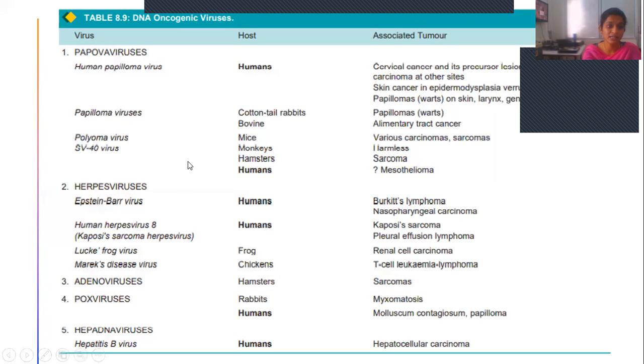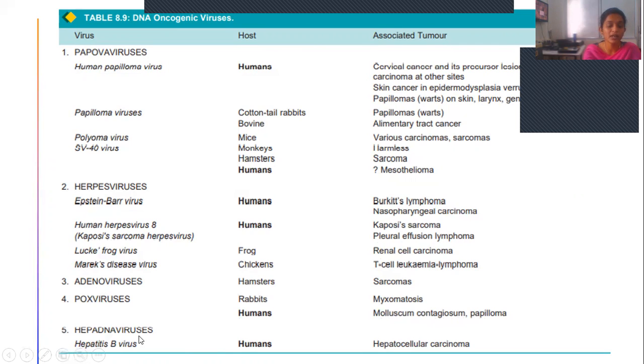Among the herpes viruses, Epstein-Barr virus affects humans, causing Burkitt's lymphoma or nasopharyngeal carcinoma. Human herpes virus 8 in humans causes Kaposi sarcoma or pleural effusion lymphoma. Adenoviruses affect hamsters and cause sarcomas. Pox viruses affect rabbits and also humans, causing myxomatosis, molluscum contagiosum, or papilloma.